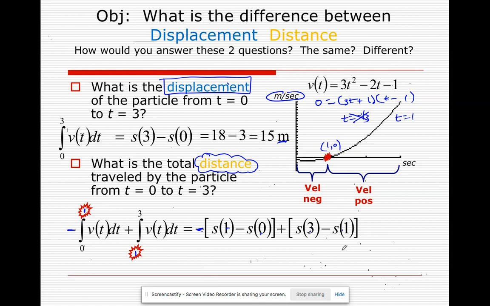Plug in 3, plug in 1, add it. Does it surprise you, given this graph, that the displacement is less than the total distance? Why? Because you're going left part of the time or down part of the time. That's why. So your total distance is more than your displacement.